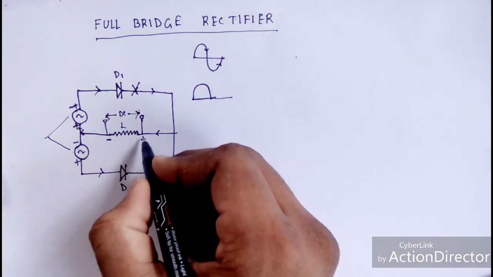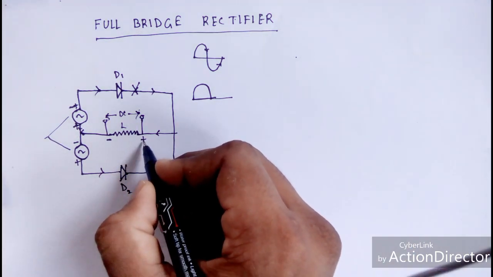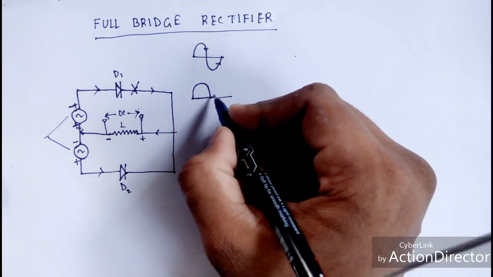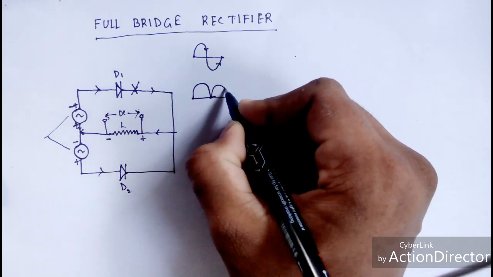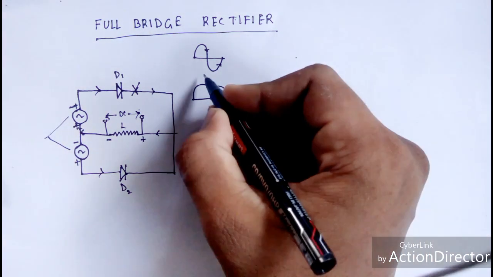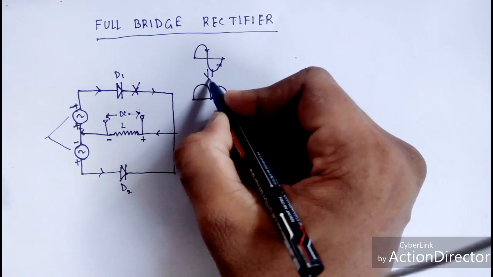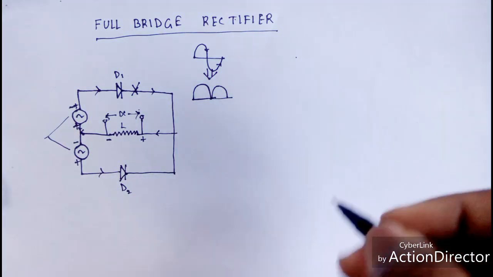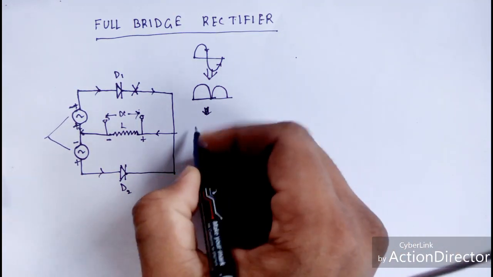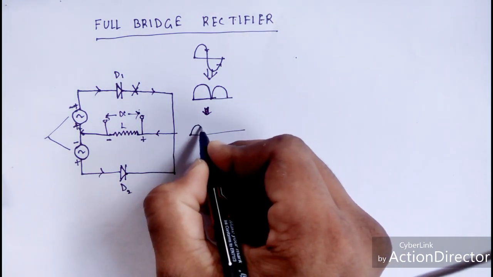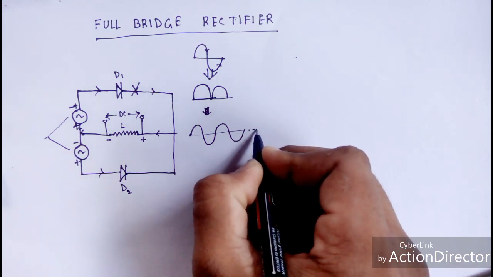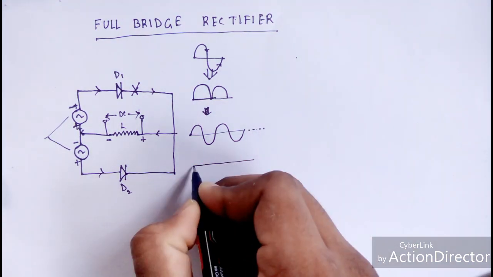So here again becomes plus and minus in this DC output, so we can get another pulse of DC. So this AC signal becomes DC signal by this, and after repeating this phenomenon, AC signal becomes a DC.